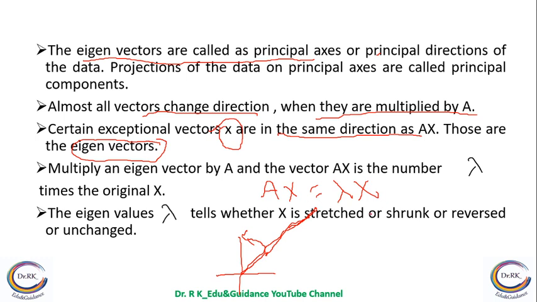Those two things come from lambda and x. That is one of the physical significances of eigenvalues and eigenvectors: how much we can stretch the vector and in which direction. Those two things are explained by eigenvalues and eigenvectors respectively.